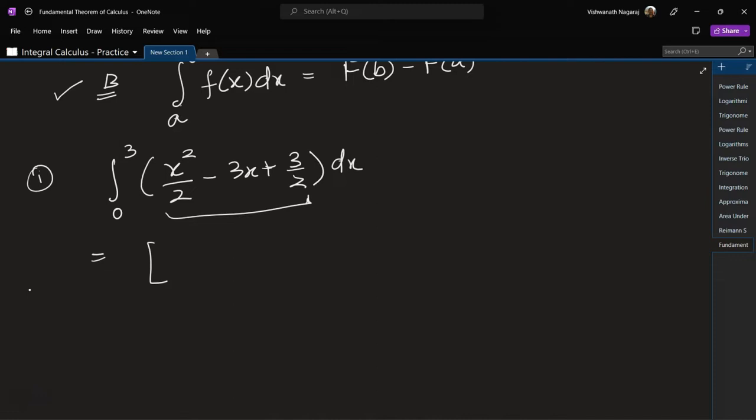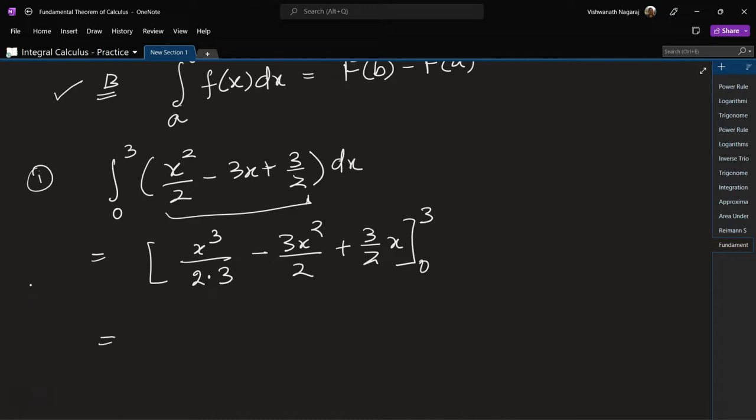So what do we do? First, we integrate term by term. We start off with x cube by 2 times 3, minus 3x square by 2, plus 3 by 2 x, from 0 to 3.